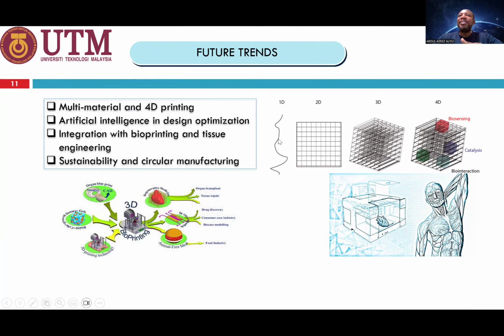We are expecting additive manufacturing to be used in tissue printing, like natural tissues, organs, sensory organs, and other tissues in the human body, and also to help in sustainability and circular manufacturing, like in the food industries and other companies that help in enhancing sustainability.